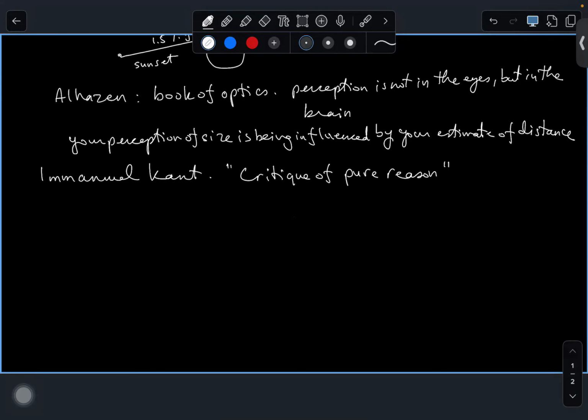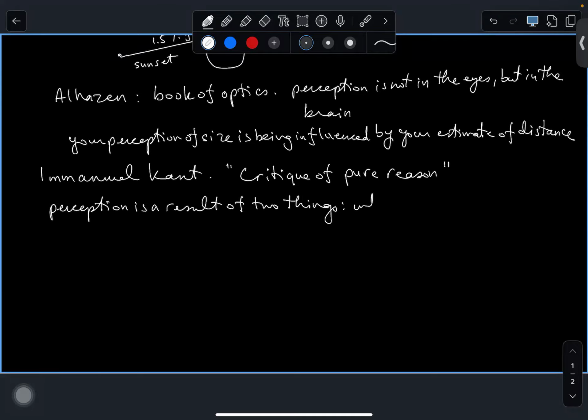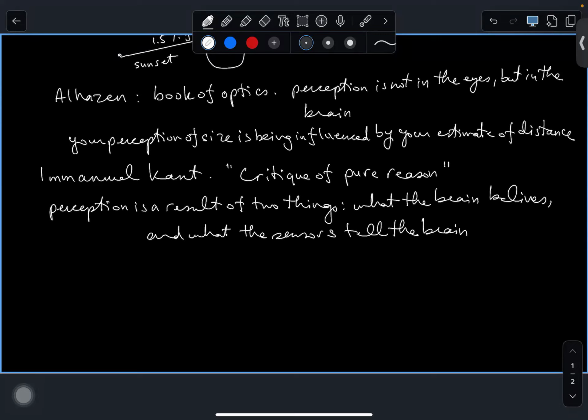And he said that perception is a result of two things: what the brain believes and what the sensors tell the brain. This was the notion of having a model, a prior, with which you're going to understand what it is that your sensors are telling you.